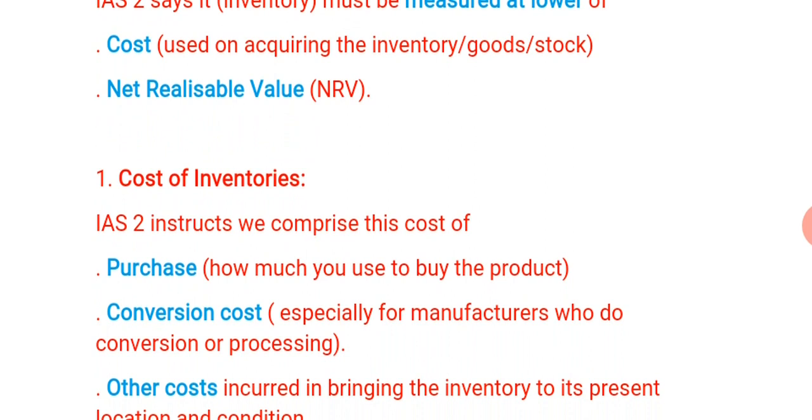If I bought it for $100 or 100 naira, obviously there's no shirt for 100 naira now, so let me use $100. That $100 cost of the shirt should be recorded as part, not the full cost, but part of the cost of the inventory.